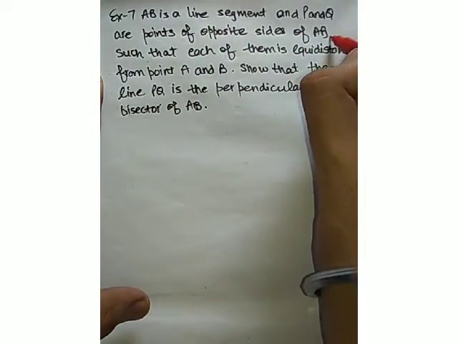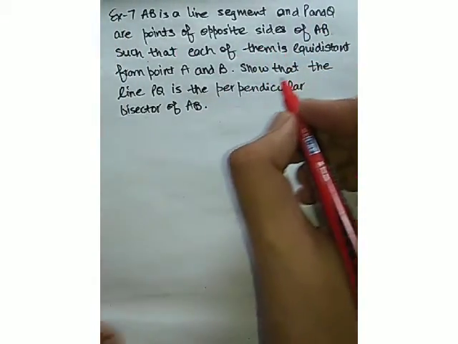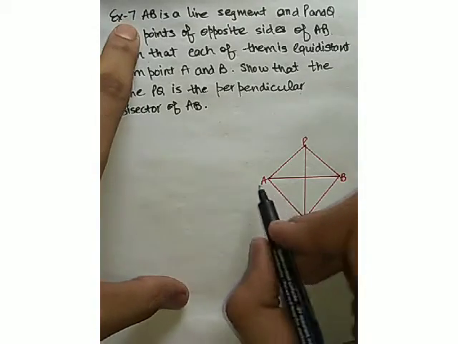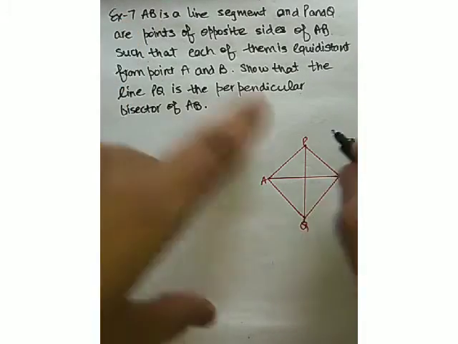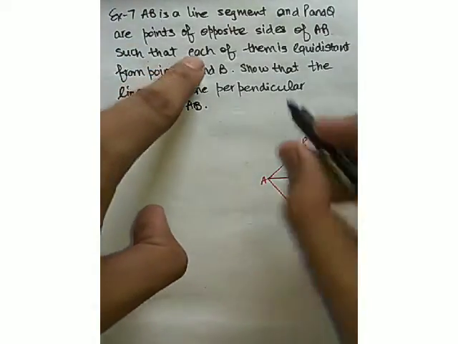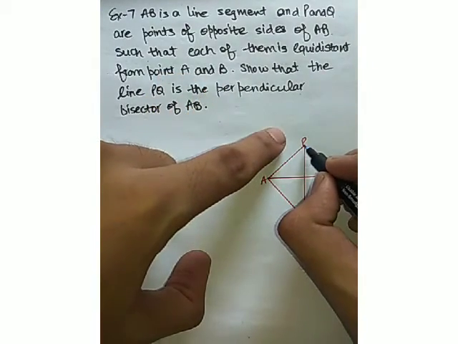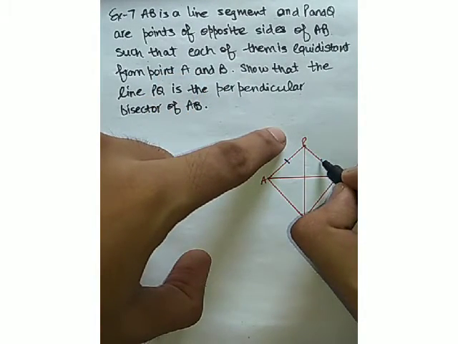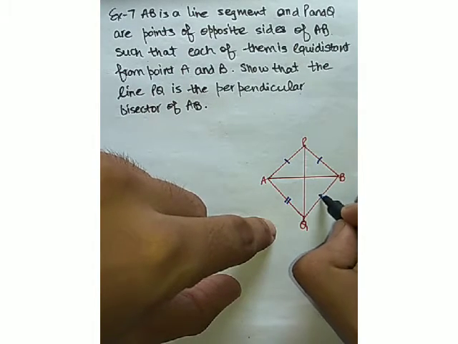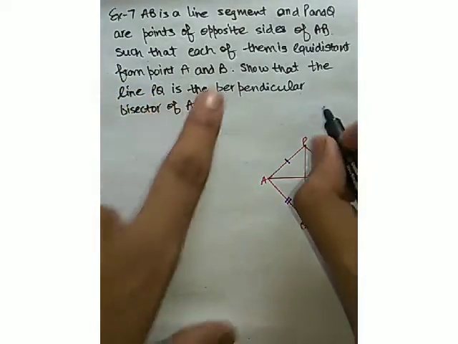So firstly, let's draw the diagram till here, that AB is a line segment and P and Q are the points on opposite sides of AB, such that each of them is equidistant from points A and B. It means P is equidistant from A and B, and Q is also equidistant from A and B. So PA is equal to PB and QA is equal to QB, already given.